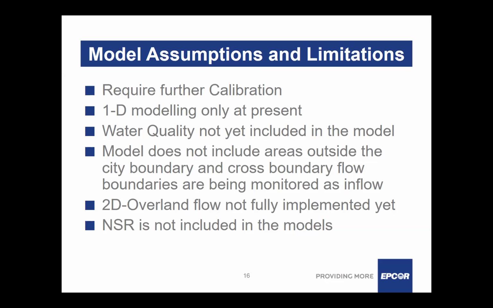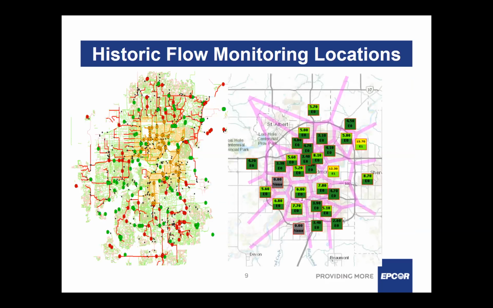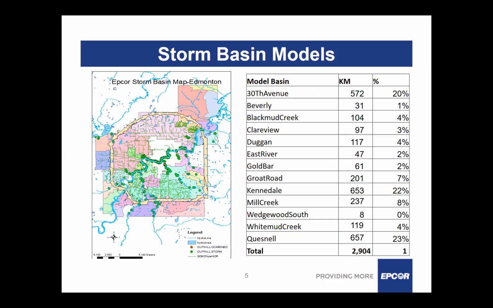Water quality is not implemented yet. It's one of the things that we've been investigating and trying to include in our models. Also, regarding the boundaries of the city on this slide, because our model is really concentrated within the urban environment, we need inflow from all the upstream of the city boundaries.